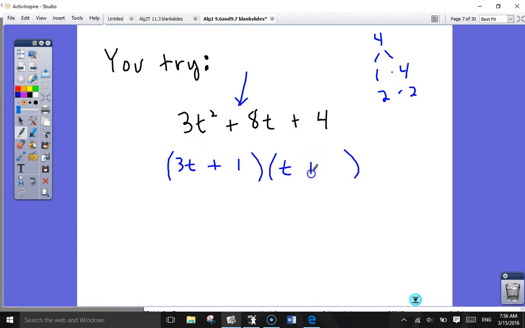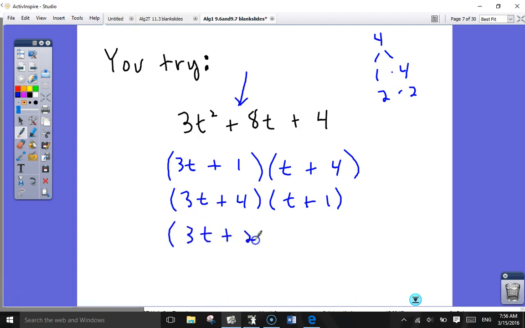It could have been a 1, it could have been a 4. You could check 3t plus 4 times t plus 1. And then the last one would be 2 times 2. So let's try them all and see which one gives us a middle term of 8t.